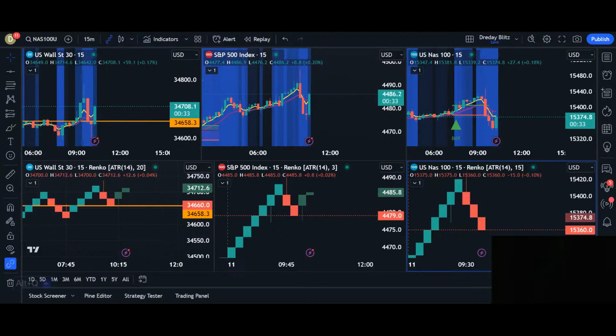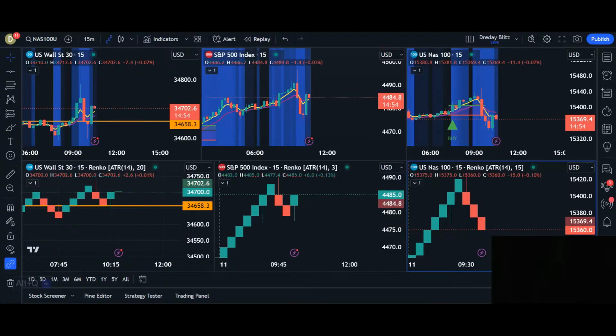Right, so let's look at the 10:30 candle. It's going to open in a couple of seconds. So here's 10:30.